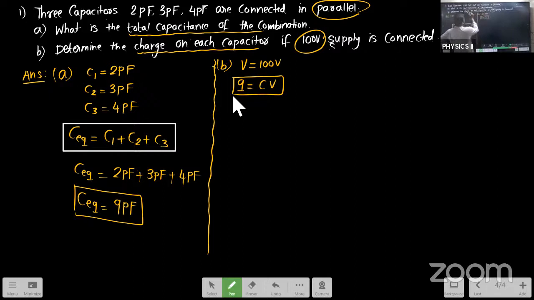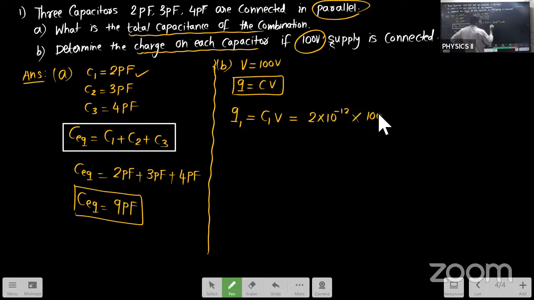Now, the charge on each capacitor. The charge on the first capacitor is given as Q1 is equal to C1 into V. What is the value of capacitor C1? It is 2 picofarad. Pico means how much? 10 power minus 12, into how much potential is there? 100.